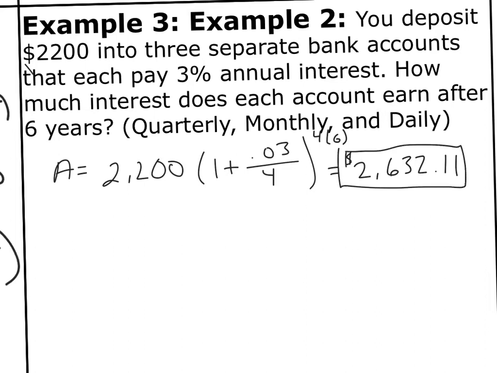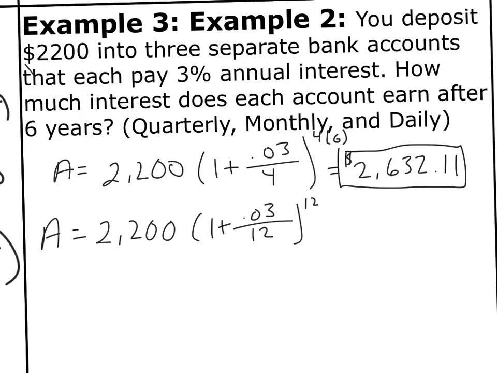Okay. Then you have yourself 2,200 times 1 plus 0.03 divided by 12, and then you have 12 times 6. So let's go ahead and do that math. 0.03 divided by 12 plus 1, and then 6 times 12, that's 72.